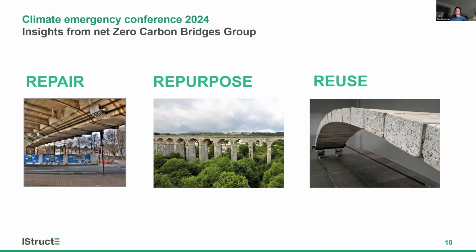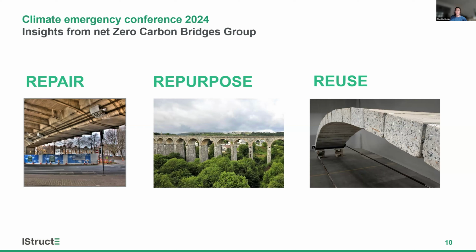So three main actions, three focus areas, are repair, repurpose and reuse. We now have a fully developed transport network with lots of footbridges that are 50 or 60 years old, and they need maintenance, they need repair works.